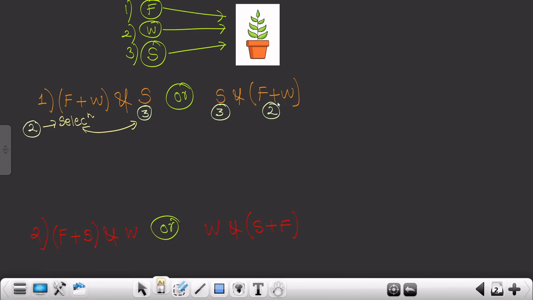Similarly over here we selected these two parameters, and with respect to the third parameter we are doing arrangement.